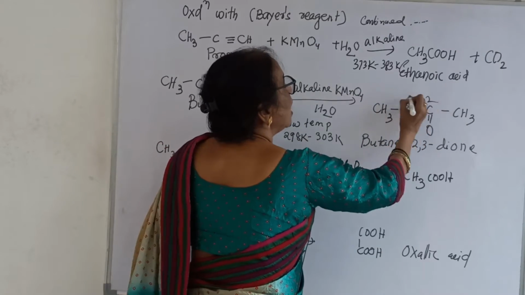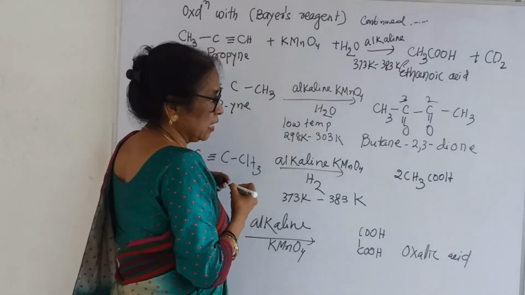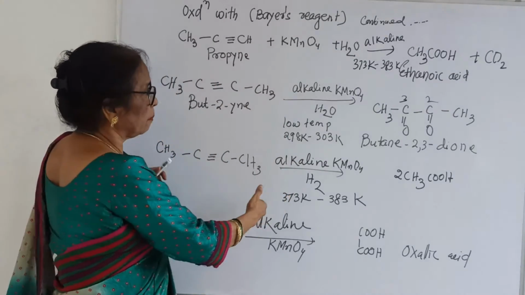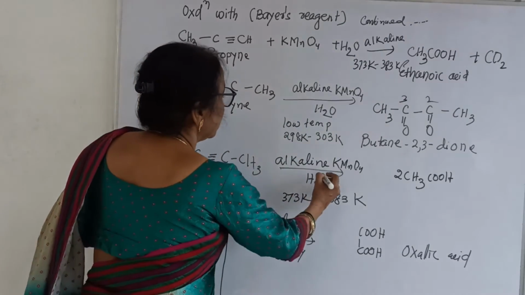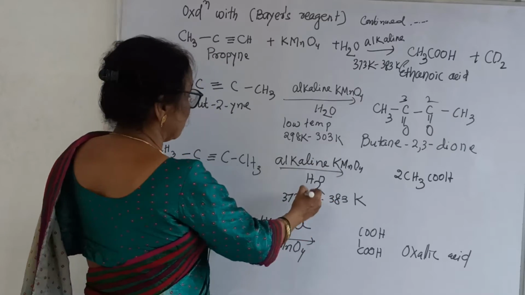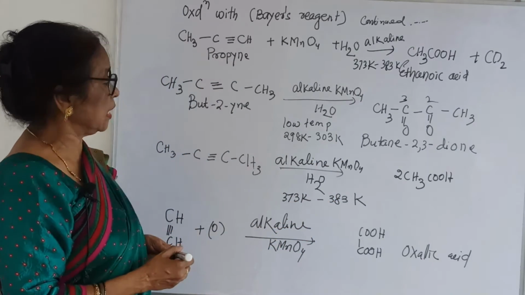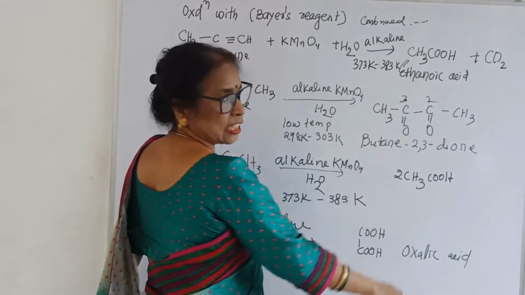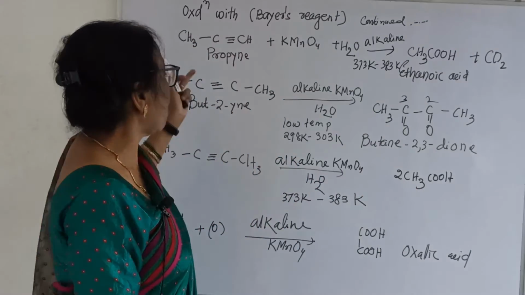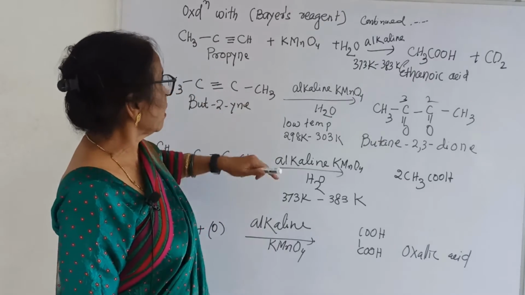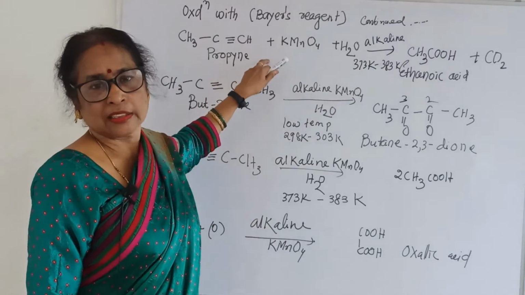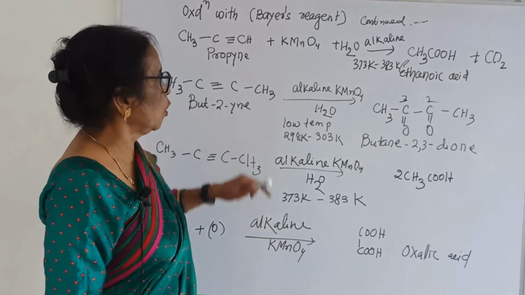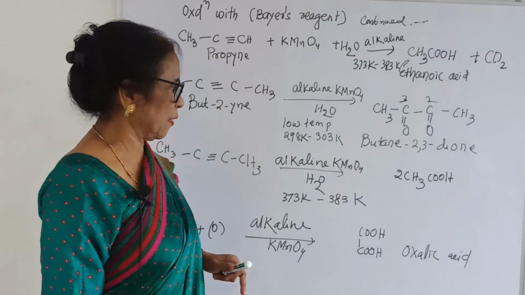This is 2 and this is 3, and it is butane-2,3-dione. Now if you change the temperature to 373 to 383 Kelvin, the product is acetic acid. Can you compare all the reactions? When the temperature is high, this alkyne generally gives acetic acid, and when the temperature is low, the compound is different.